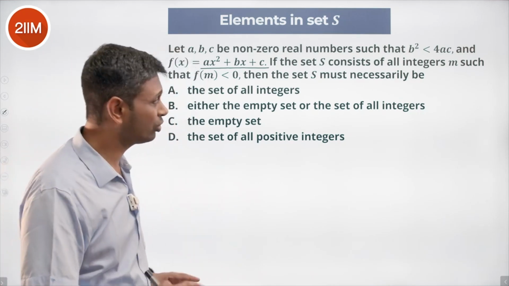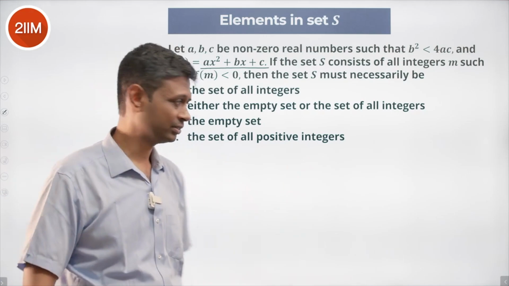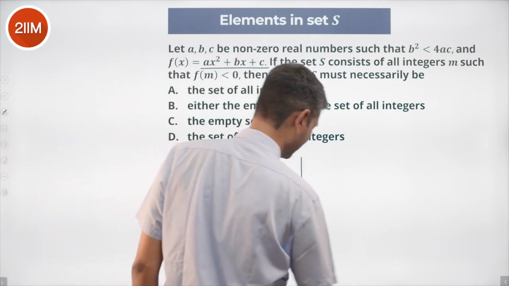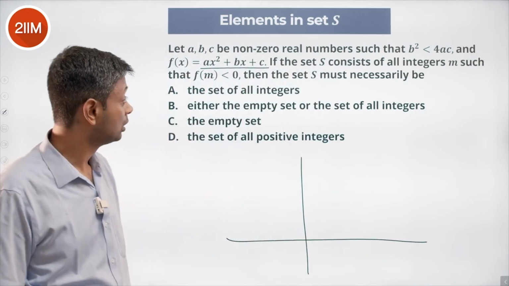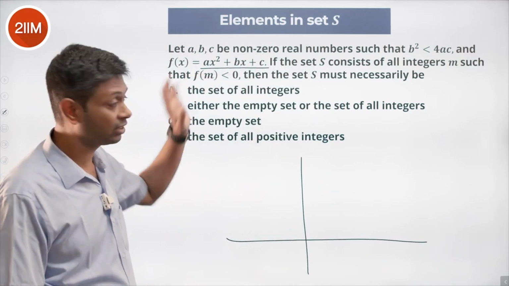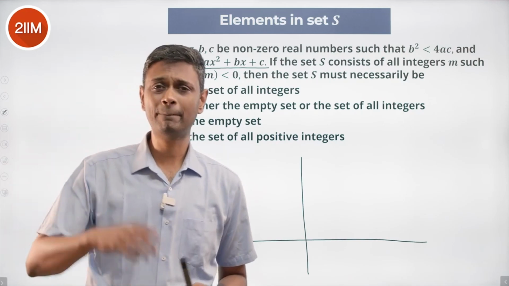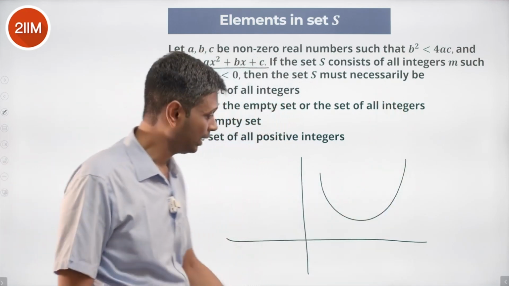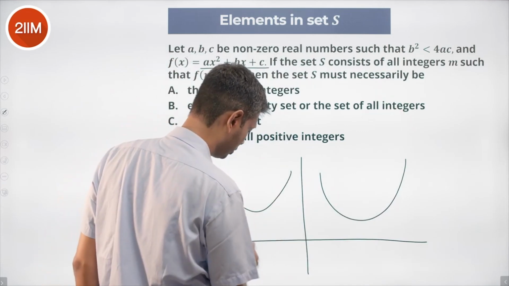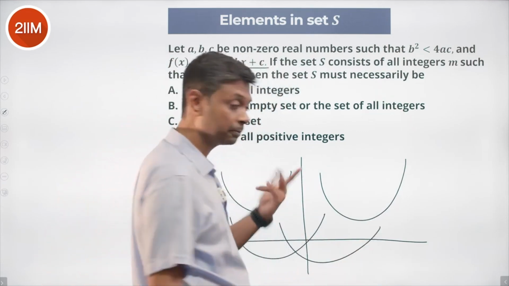Right? So I'm going to do this very differently and say let's draw the graph of this. So y-axis and x-axis. Ax square plus bx plus c is f of x. It will be a curve, right? It will be a parabola. It will be something like this. It could be here, it could be here, anywhere.